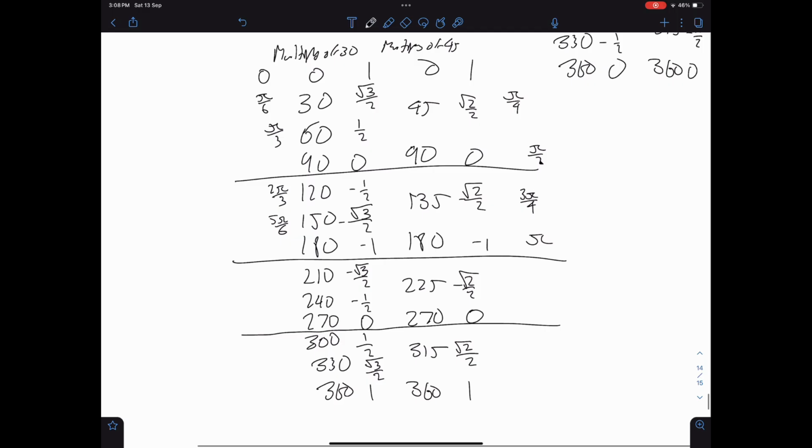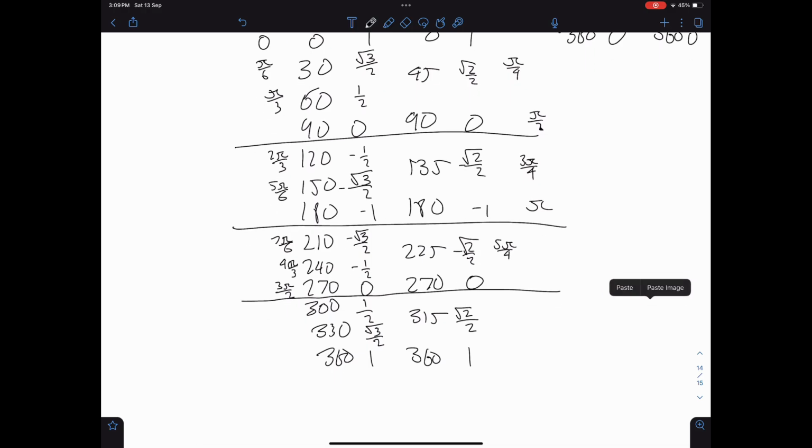And then we'd have 7 pi over 6, 4 pi over 3, and 3 pi over 2. And this one would be 5 pi over 4.